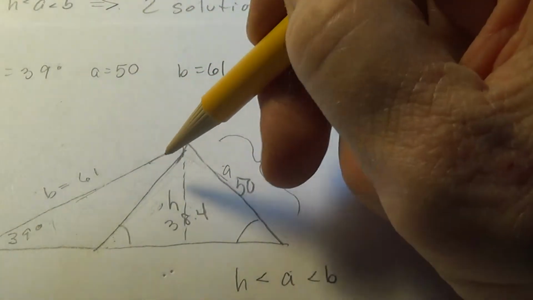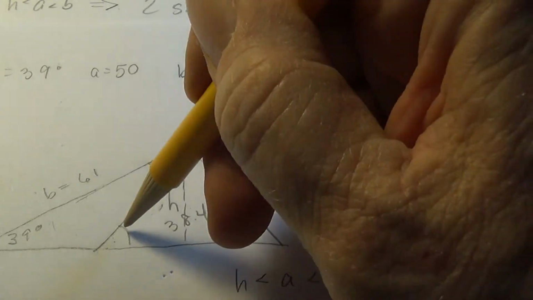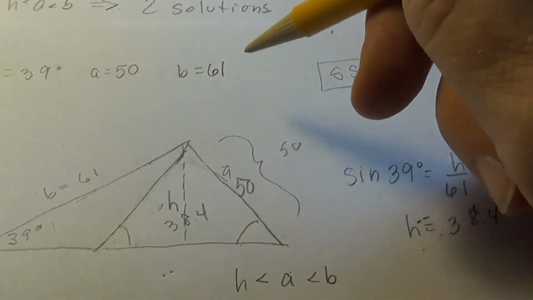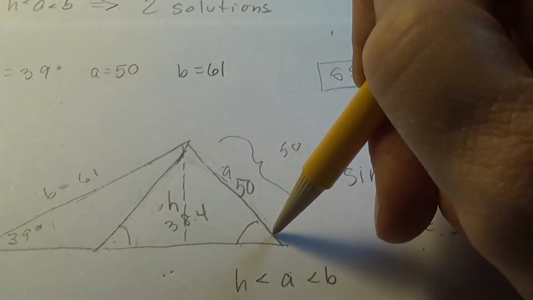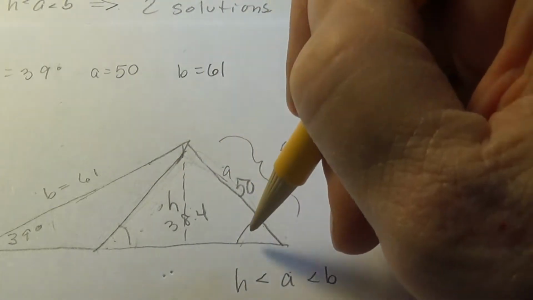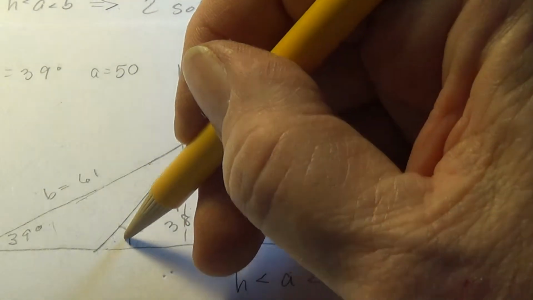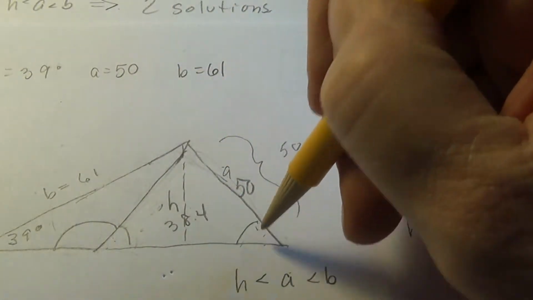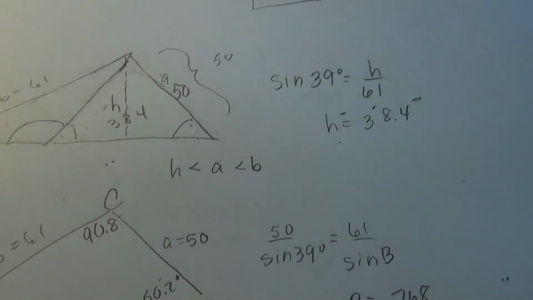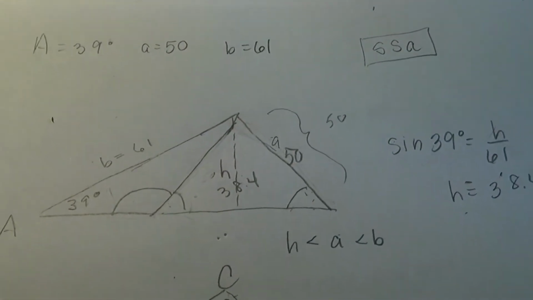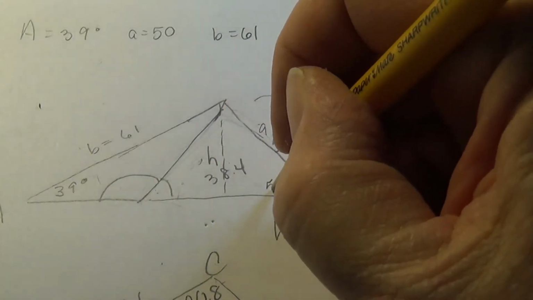So if these two sides are equal, then this angle and this angle are equal, because we learned in geometry that angles across from equal sides are equal. So if this angle equals this one, and we were able to get that one, what was that, B 50.2? Is that right? Yep. So this was 50.2.